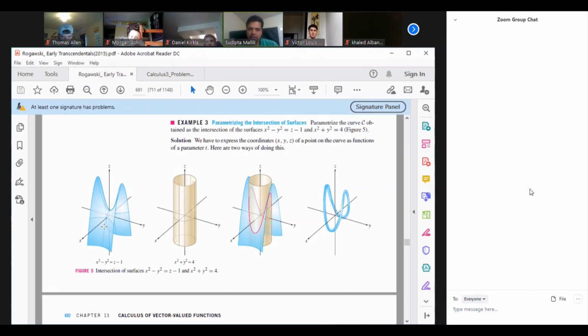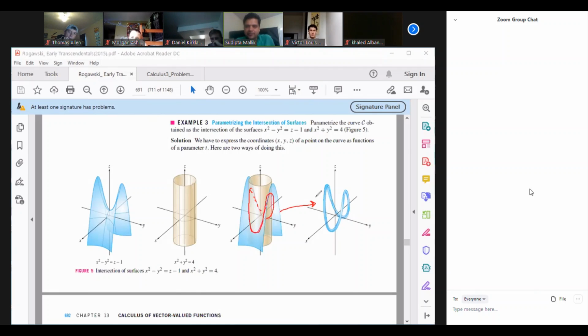If you have this paraboloid and the cylinder, where would they intersect? Look at the intersection. The intersection is a curve. You see, this is the curve. And if you just look at the curve, it is this.